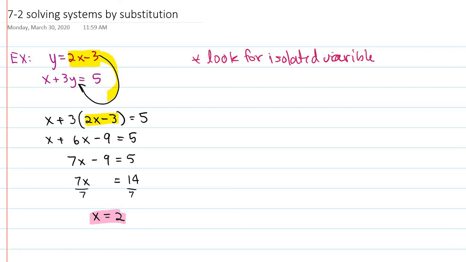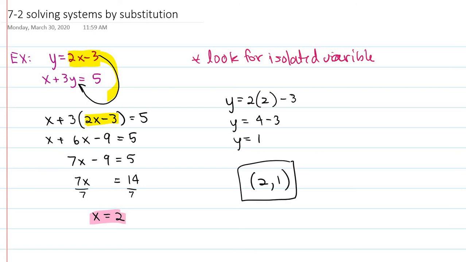So let's go with the first one. y equals 2 times 2 minus 3. So y equals 4 minus 3, y equals 1. And my final answer gets written as the coordinate pair (2, 1). So that's how you solve a system by substitution. That is the first example.